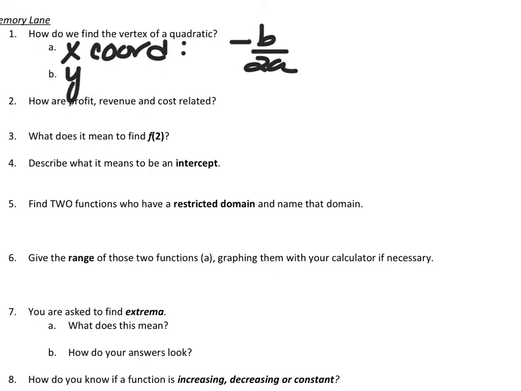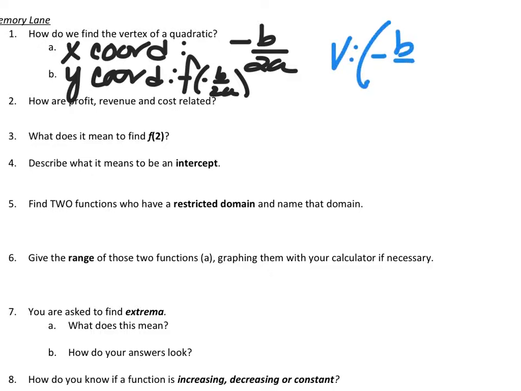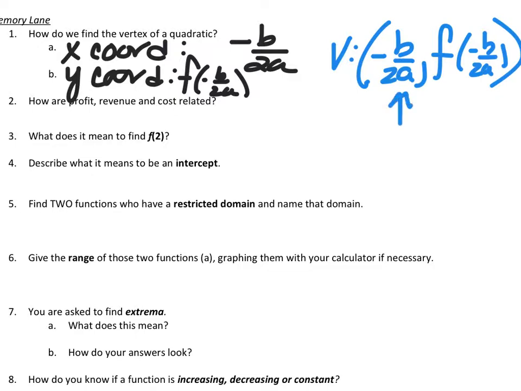And then the y-coordinate we find by taking that and substituting it into our formula, which means that in general the vertex is negative b over 2a comma f of negative b over 2a. So that's what it looks like in function notation. Super ugly, but that's okay because we know we're just going to go find the x value and then substitute it in the function to get the y value back again.